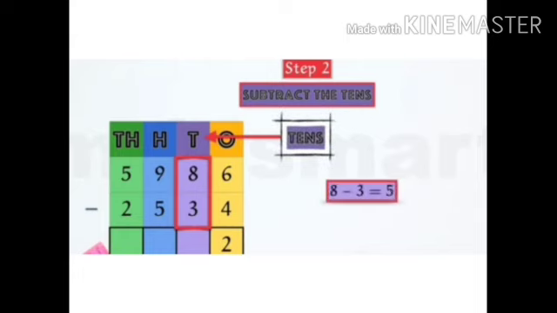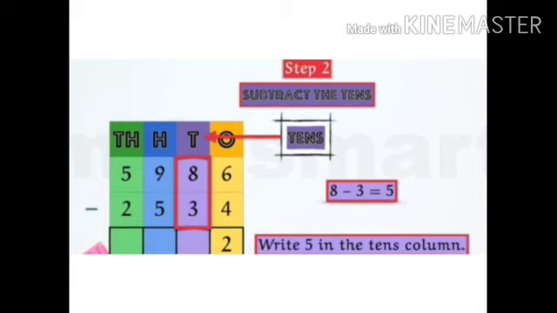Subtract the tens. 8 minus 3 is equal to 5. Write 5 in the tens column. Subtract the hundreds. 9 minus 5 is equal to 4.